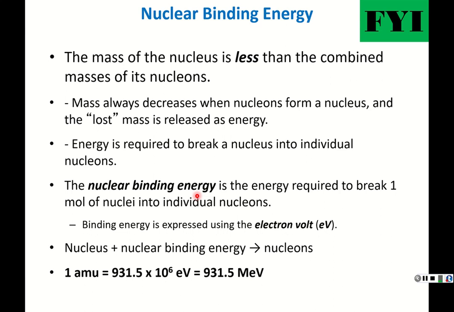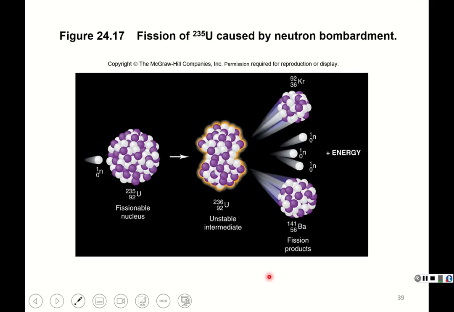That binding energy is expressed in electron volts, which is a little different because usually we express energy in joules. One atomic mass unit corresponds to 931.5 times 10 to the 6 electron volts, or 931.5 mega electron volts. Long story short, it's a lot of energy.